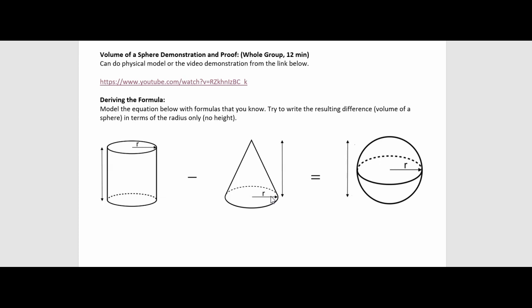Would it take 1 sphere and 1 cone, 2 cones, 1 sphere and 2 spheres, 1 cone? The key thing here is that they all have the same radius and the same height. So maybe make a guess. What combination of cones and spheres would fill a cylinder? Make a guess for fun, then you'll watch the video and you'll figure it out.